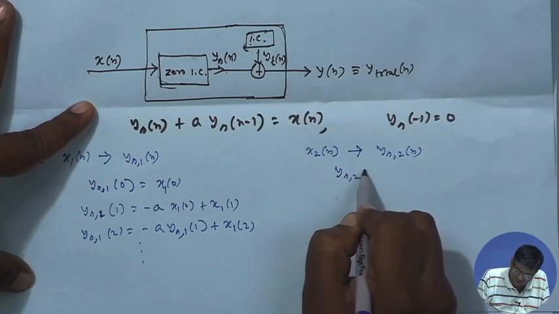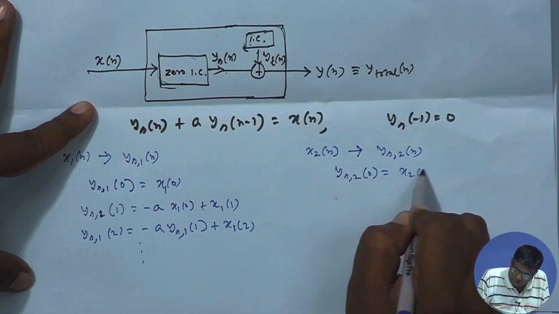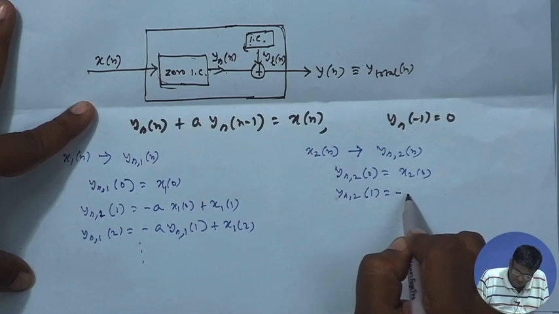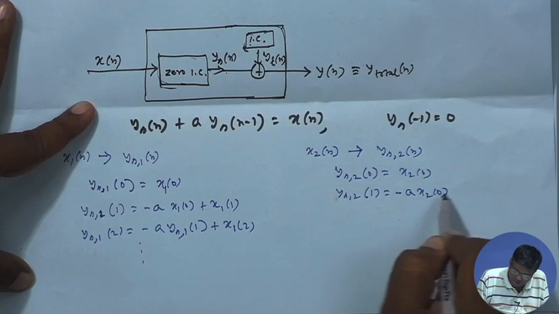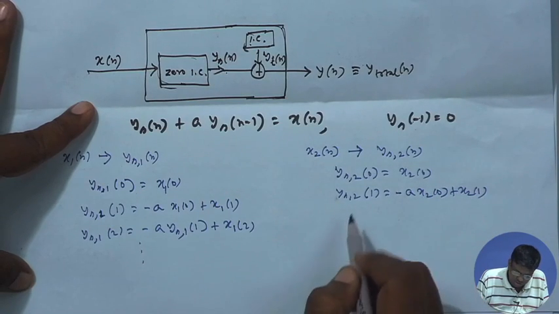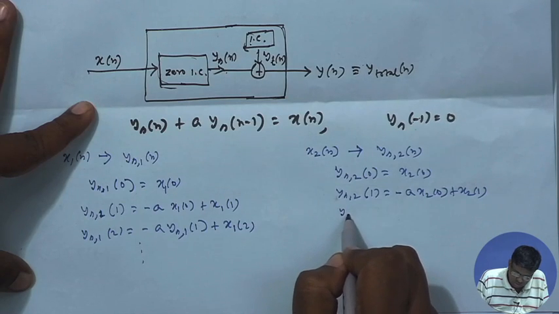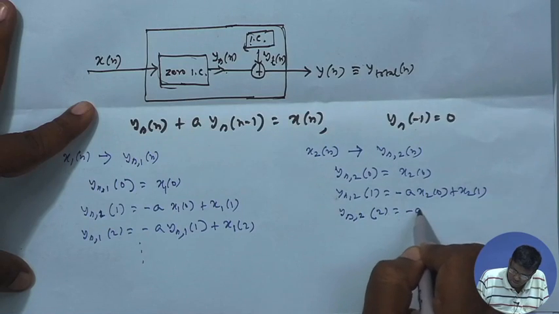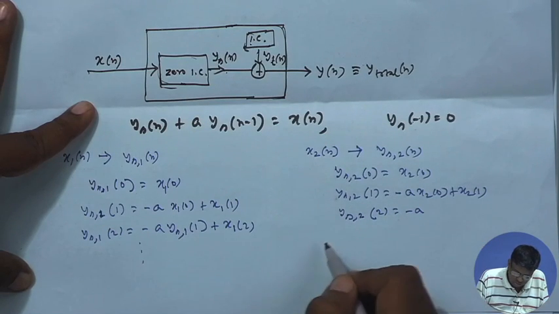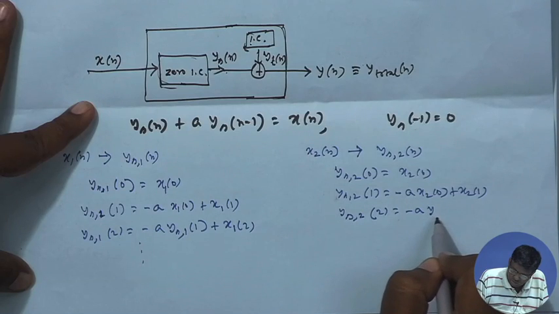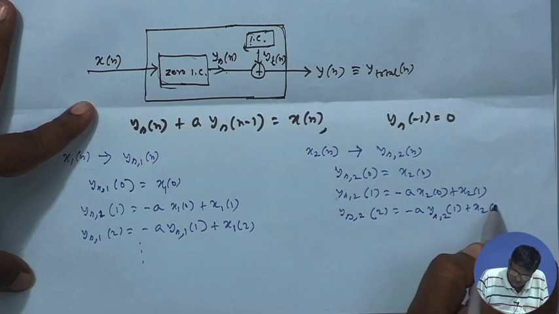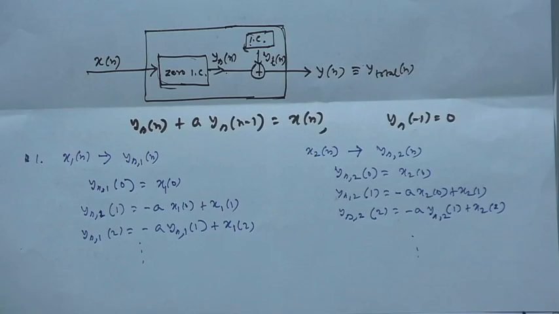So, y_s2[0] will be x_2[0], y_s2[1] will be minus a x_2[0] plus x_2[1], and so on.